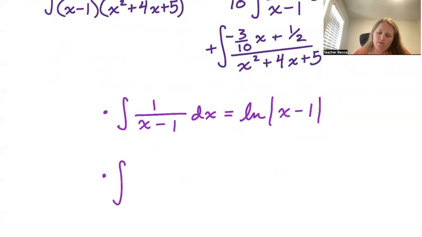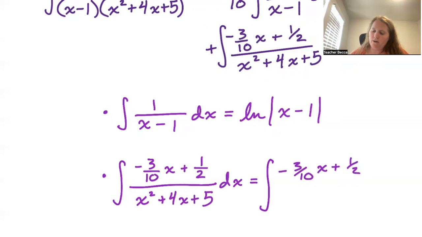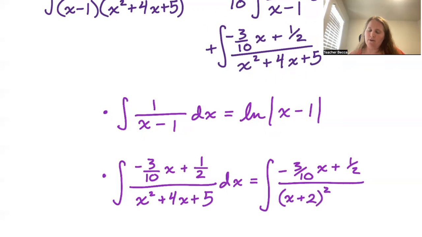The integral of negative 3/10 x plus 1/2 over x squared plus 4x plus 5 dx is equal to the integral of negative 3/10 x plus 1/2 all over, completing the square, x squared plus 4x plus 5 becomes an x plus 2, all things squared, that's x squared plus 4x plus 4, so we just need a plus 1, and then dx.